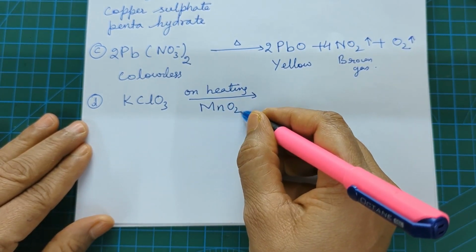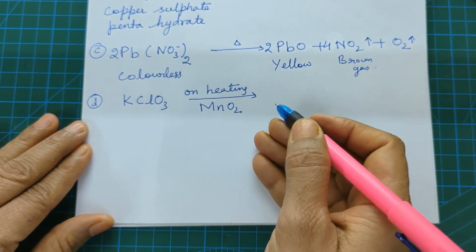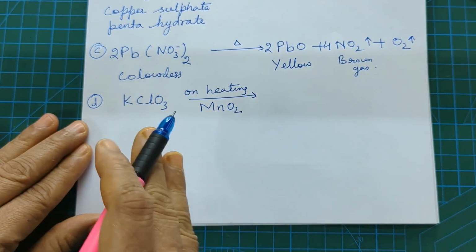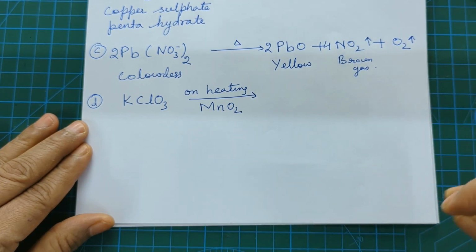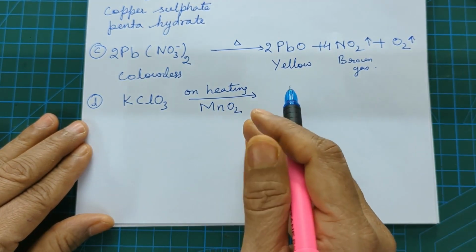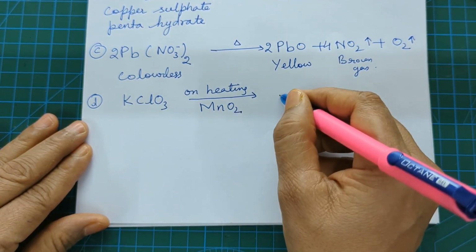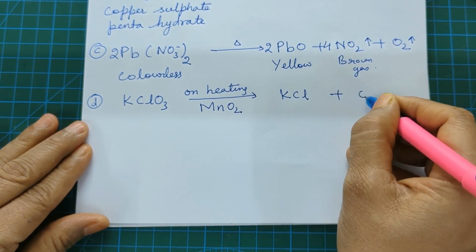What is a catalyst? A catalyst is a substance that, when added to a reaction, enhances or initiates the reaction but doesn't participate or get converted itself. So manganese dioxide, being a catalyst, catalyzes the reaction, and this decomposes, forming potassium chloride and oxygen.